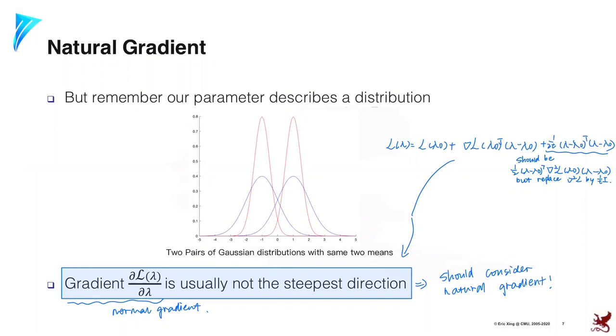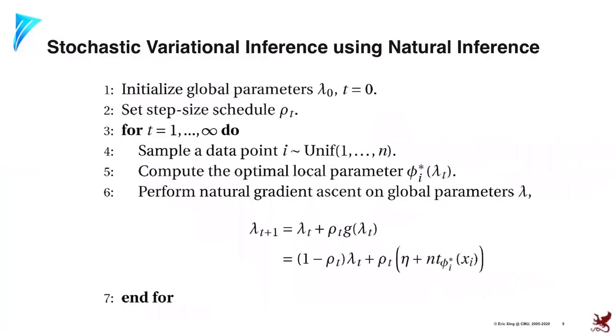But this kind of approximation may not work for distributions, and that's why the normal gradient is usually not in the steepest direction. Instead of using the normal gradient, we consider using something called the natural gradient, in which we usually use the Fisher information matrix, since the variational distribution is in the exponential family.